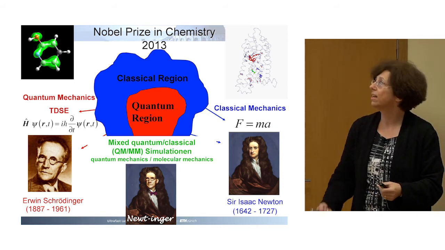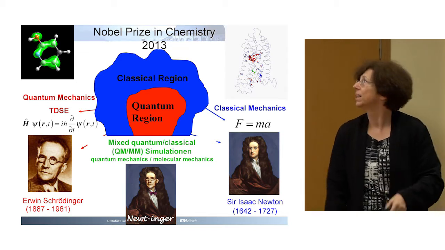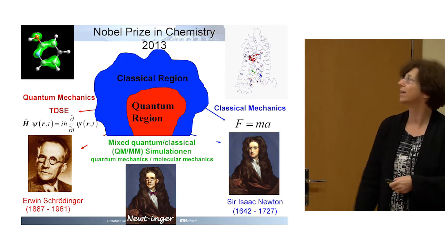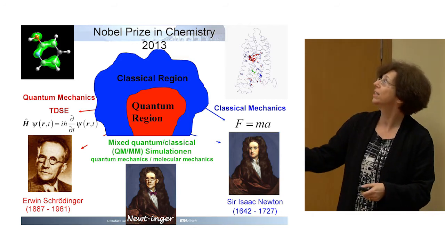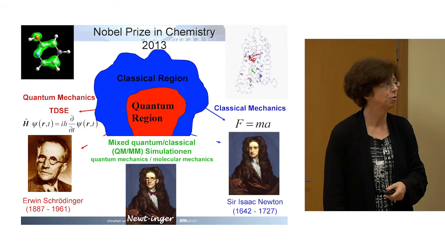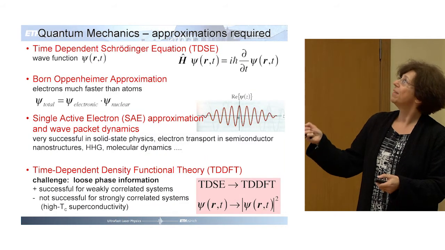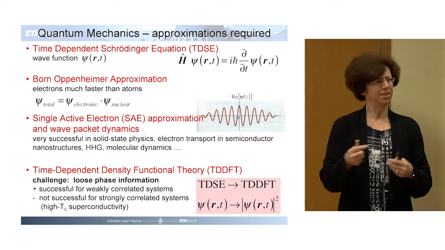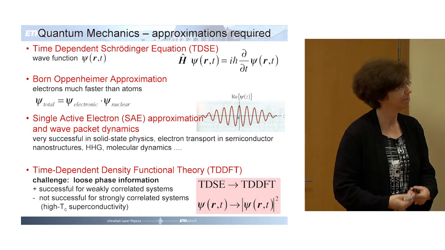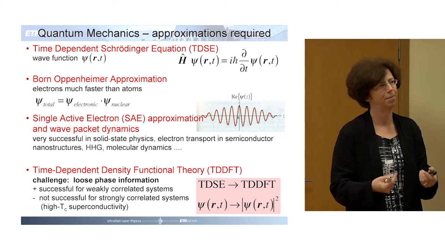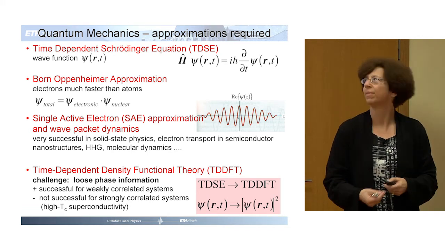And these mixed quantum-classical simulations, the QM/MM simulations, actually recently were also recognized with a Nobel Prize in chemistry. But even if you go into quantum mechanics, even if you take a very simple system, when you want to have the dynamics, you still make approximations.